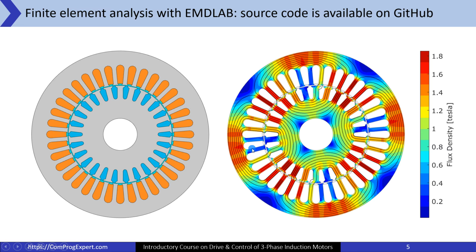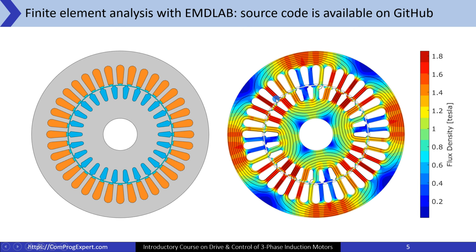Here in this image, we have the cross section of the active parts. Here we have the rotor lamination, the stator lamination, the stator winding, and the rotor cage. Here I did a finite element simulation to calculate the field that is generated by the stator winding.